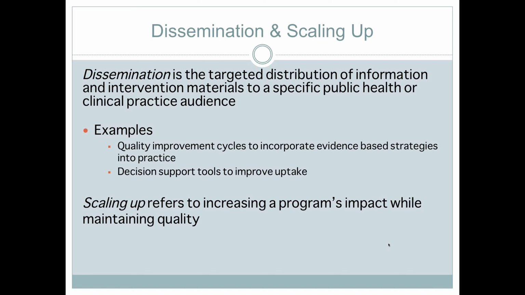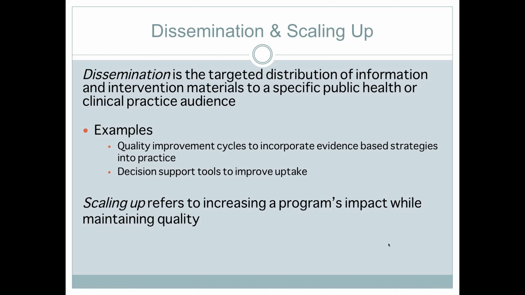Dissemination is when you're distributing information and materials about an intervention to a specific public health or clinical practice audience. And so some examples of that would be quality improvement cycles, where on a regular basis you incorporate new evidence-based strategies into practice.